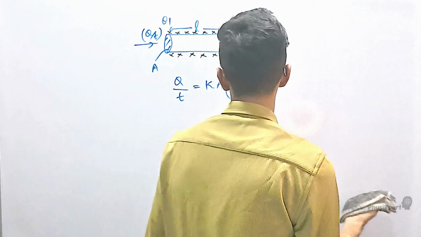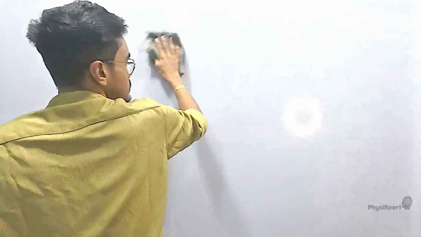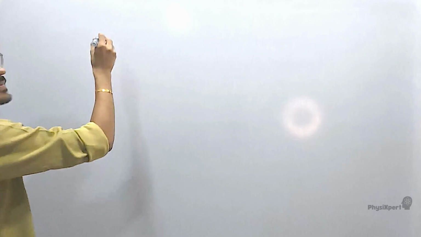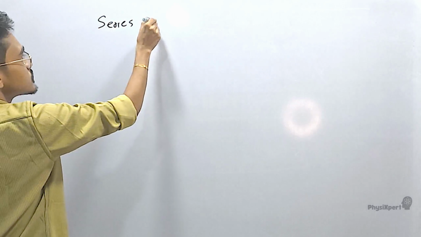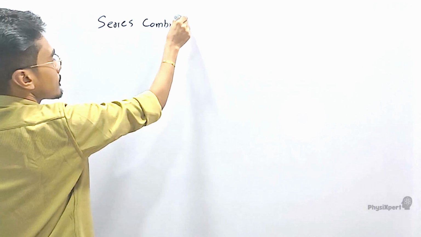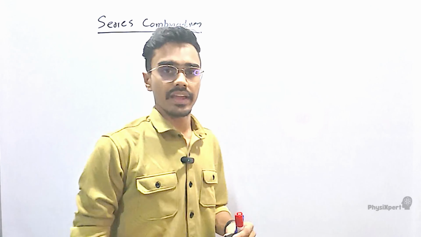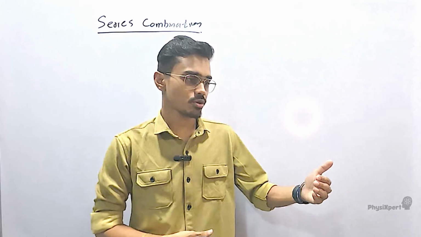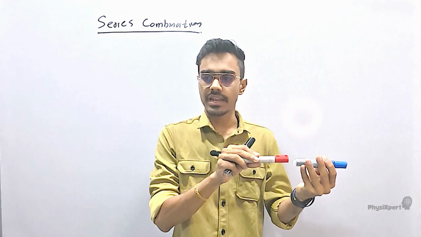First, the series combination. Series combinations are end-to-end connections, where one rod is connected to the other rod end to end like this.